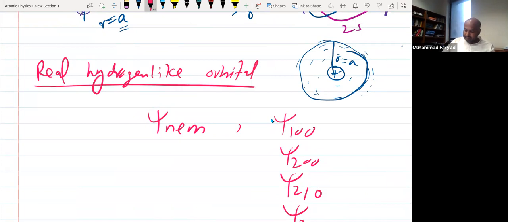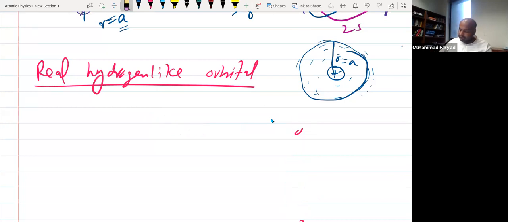And there are no mathematical restrictions on us to choose these specific values only.